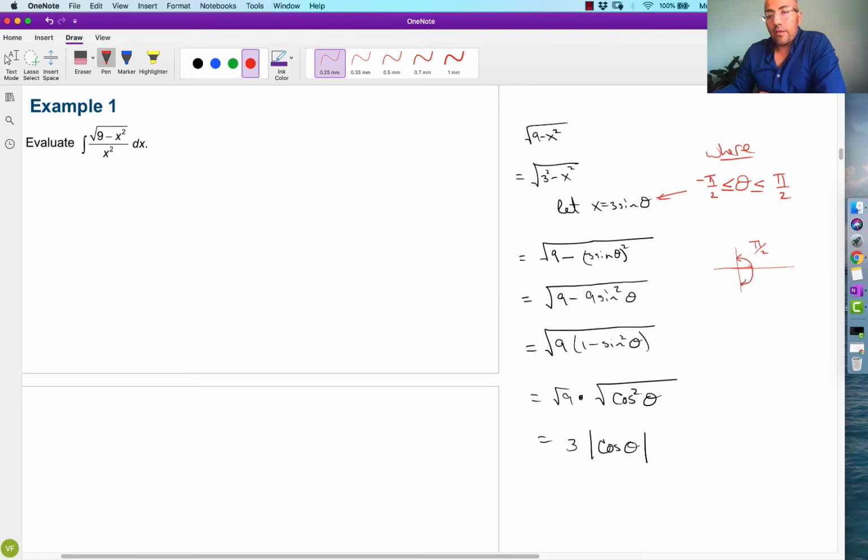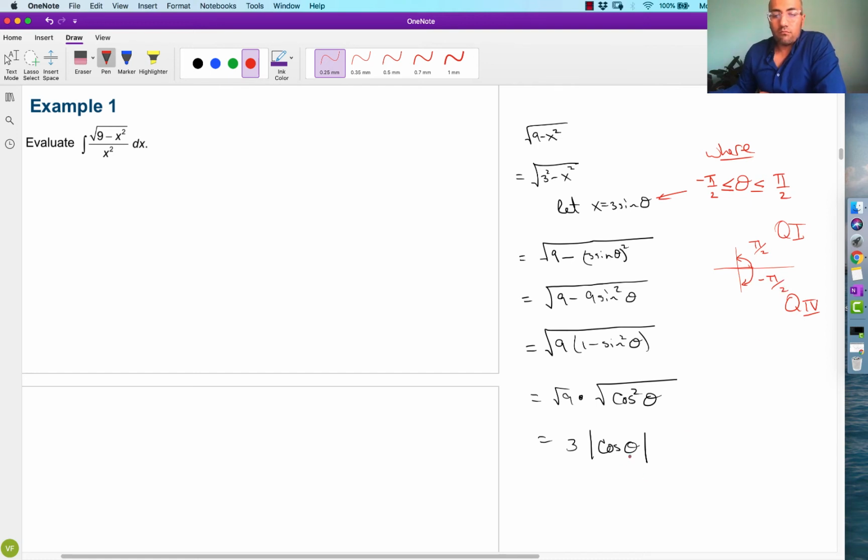So if we go this way, we can go to negative pi over 2. So we're covering everything on this side, Q1 and Q4. And cosine of any angle in this region is always going to be positive.